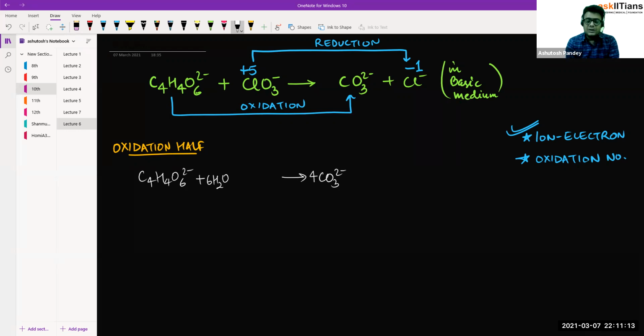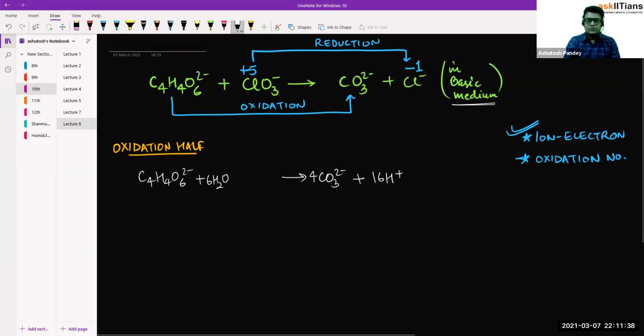Now the total number of hydrogen on the reactant side is 4 and 12, so 16. So we'll put 16 H plus. Clear up to this? This is the part we already learned while balancing the redox reaction in acidic medium. But since this reaction is happening in basic medium, there will be no H plus.